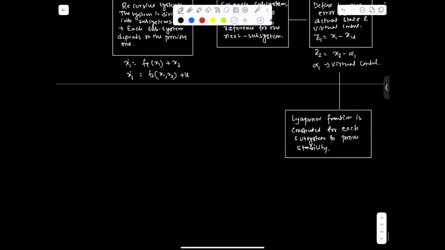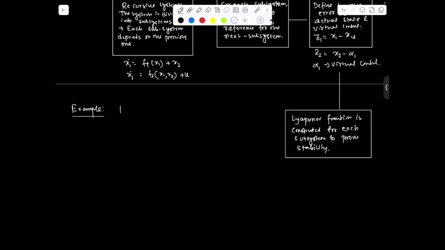Now let's take an example and we'll validate this flowchart, and see how we use all these steps. In this example, we'll also have MATLAB code to validate our results.